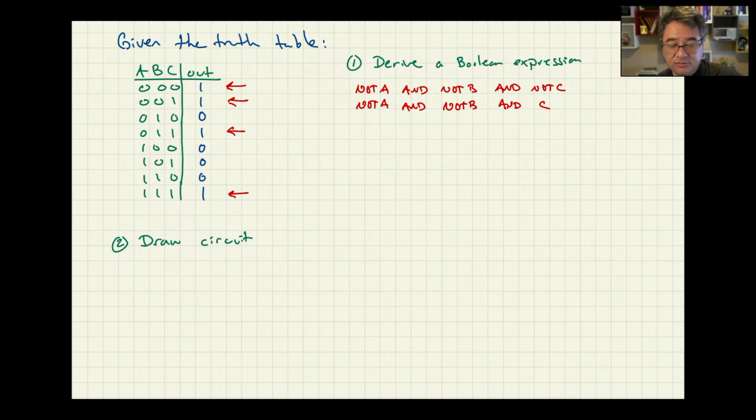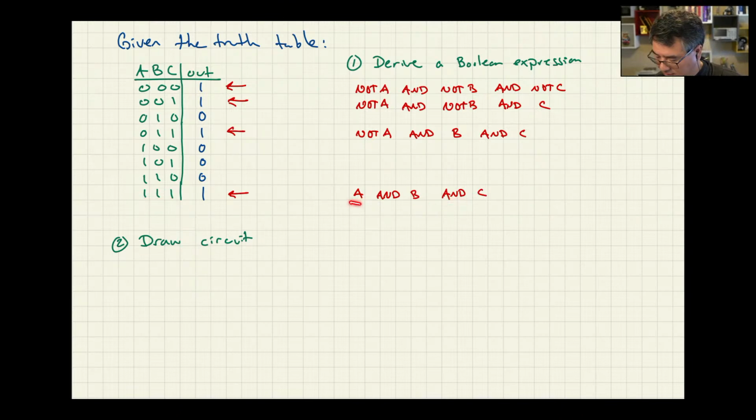For the fourth row, we've got not A and B and C. And then for the last row, we have A and B and C. Okay, all ones over here.